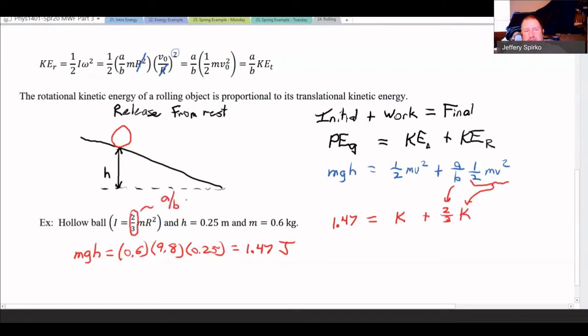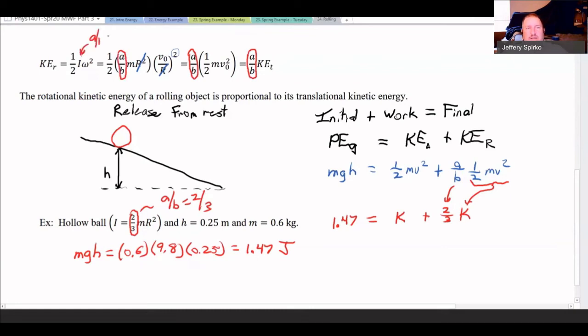A over B equals 2/3. It's the proportionality factor for the purpose of calculating moment of inertia if you needed to calculate that. But it's also the proportionality factor for the purposes of dealing with kinetic energy of rotation.